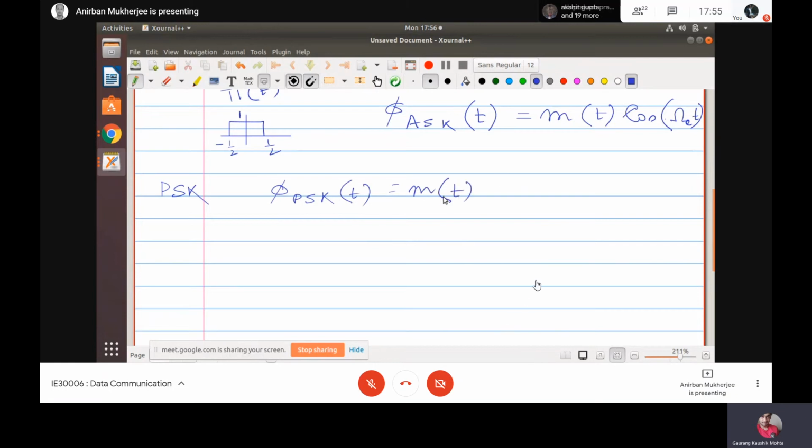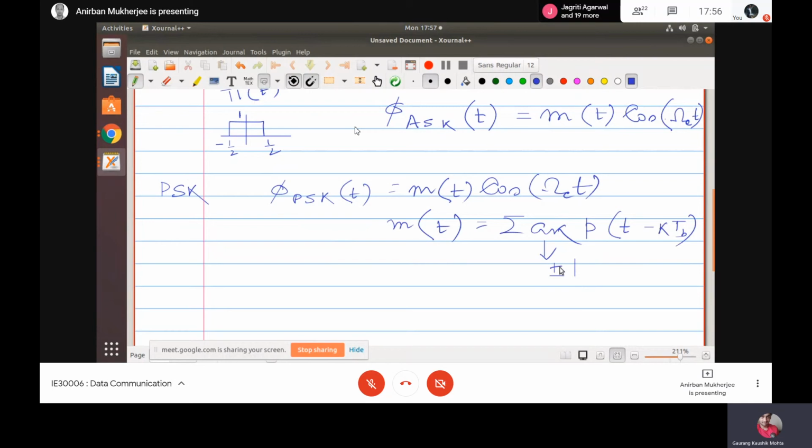I will show you where the difference is. And what is mt? The same box-like thing, that is, summation over ak p(t minus kTB). Now ak is plus or minus 1, bipolar.